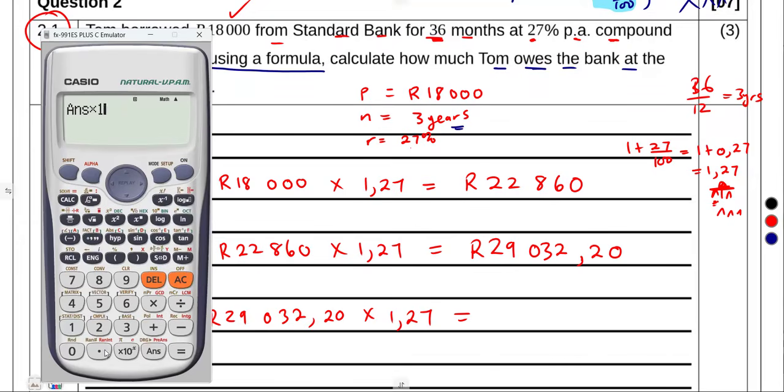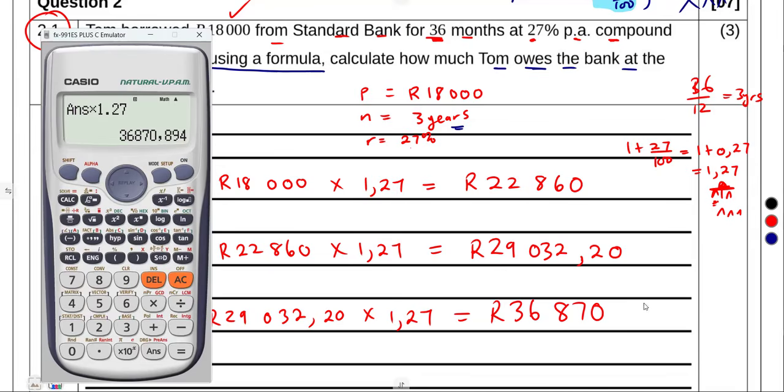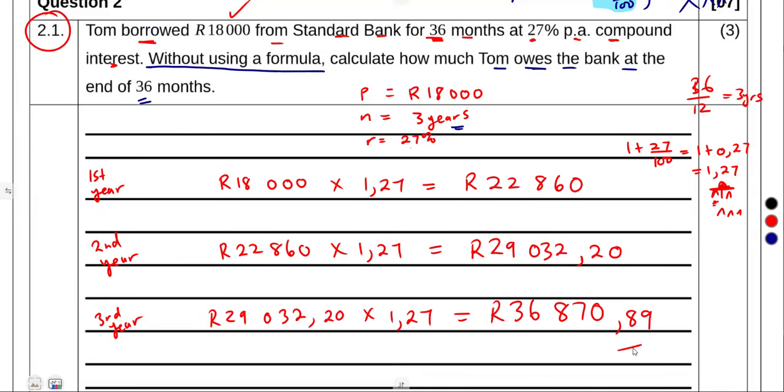So multiply by 1.27. That is it, to 2 decimal places. That was going to be 36,870.89, to 2 decimal places. So this is what is owing the bank. That's Tom owes the bank this amount after 36 months, after 3 years.